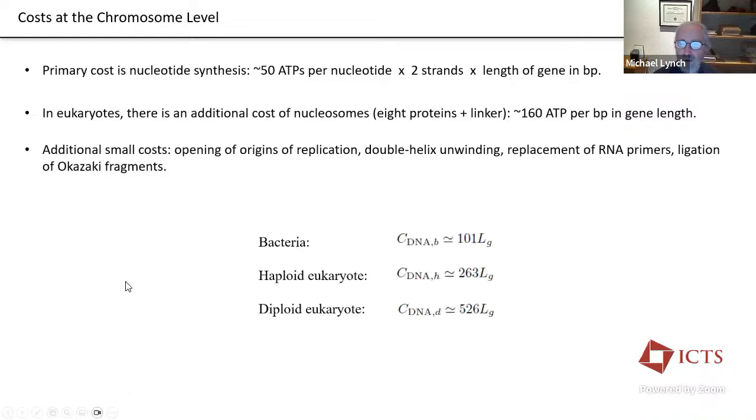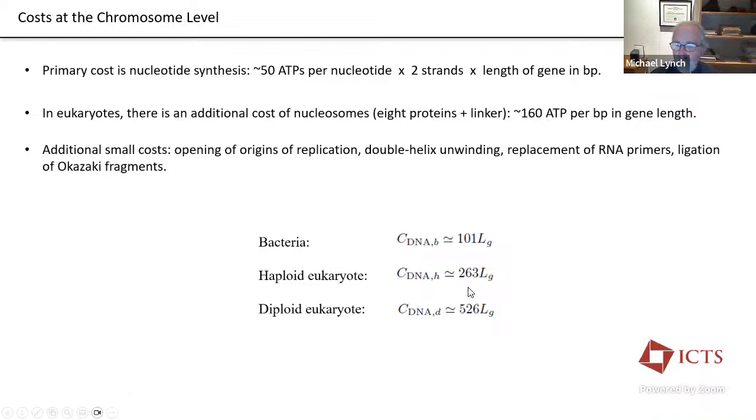When you put everything together, you have these simple expressions for the cost of a gene in bacteria at the DNA level. It's 101. There's 100 up here, and all this other stuff adds to about 1 times the length of a gene. In haploid eukaryotes, this is quite a bit higher, and that's because we're adding in all this extra cost due to nucleosomes.